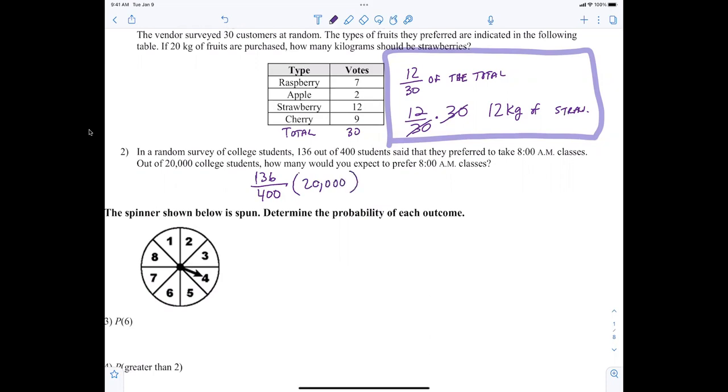Now he said something very smart. If he wanted to make it out of 20,000, he just knew what to multiply by. But everybody now can take out your calculator. It's the same process.